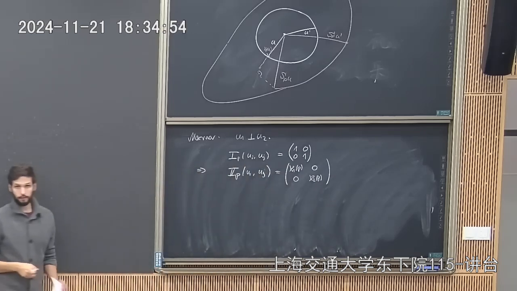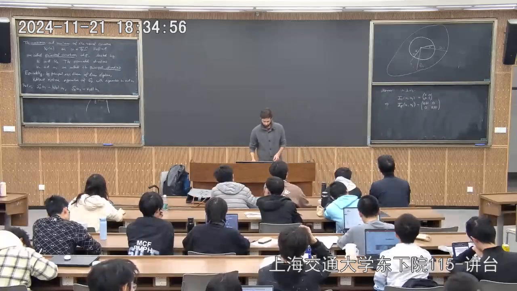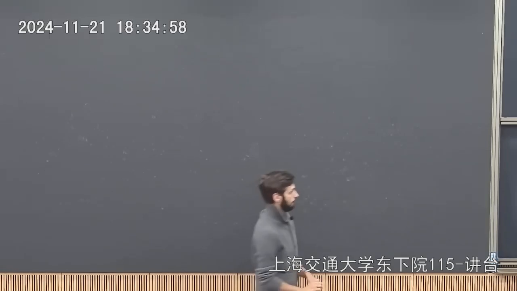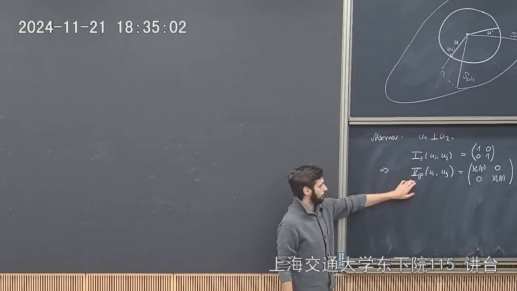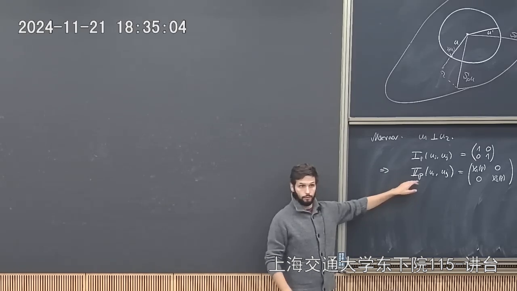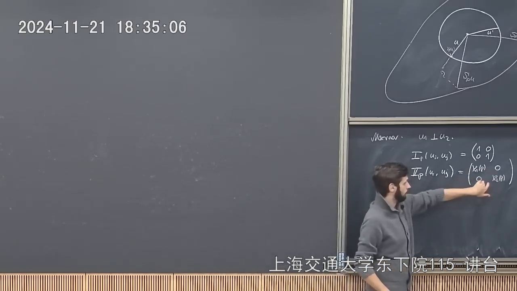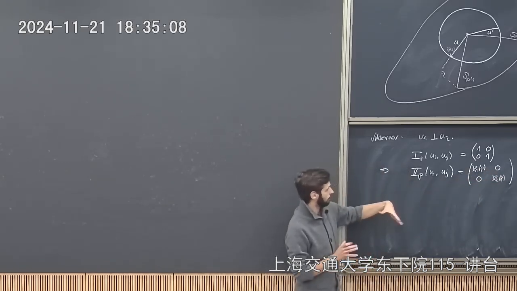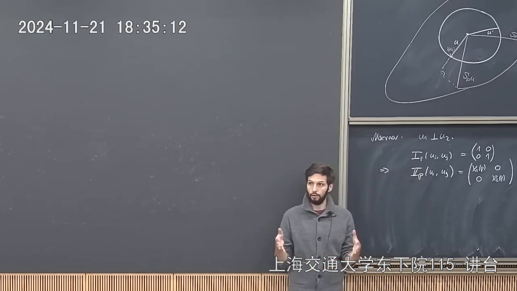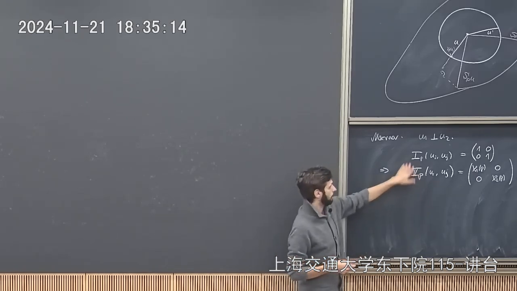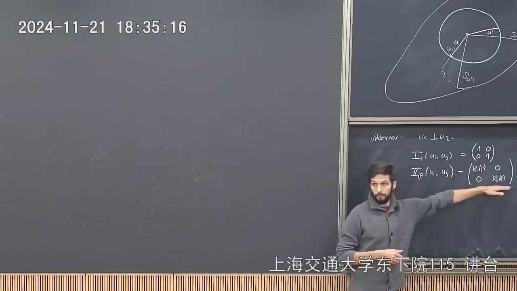So from a mathematical viewpoint, what we did here is we have in general a 2 by 2 matrix, which has 4 entries in general. And what we now did was find a change of basis such that this matrix is written as a diagonal matrix.